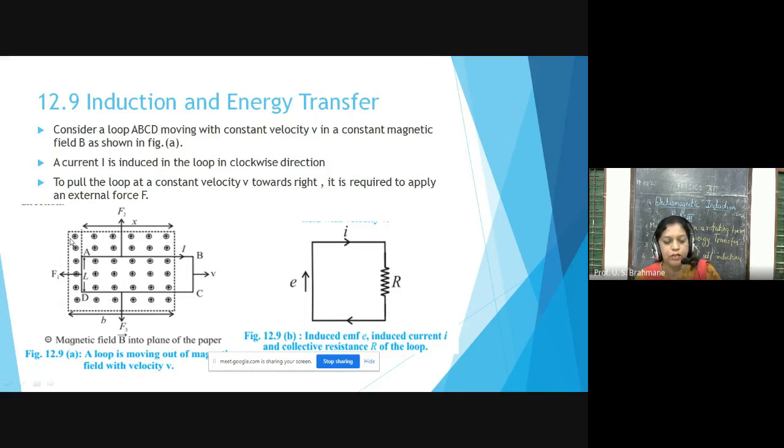Because of this change in the flux, we have the induced current I.